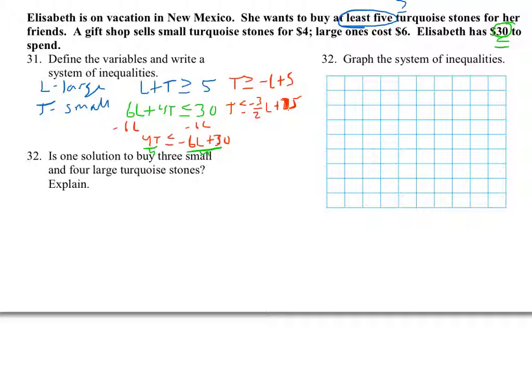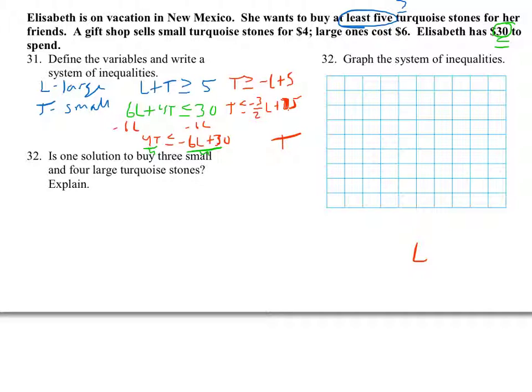Okay, so now we have to graph it. So we have to decide what our axes will be. So since I solved for t, like y equals mx plus b, it's going to be t equals. So I'm going to say this is t, and this will be L. So up and down is tiny turquoise, left and right is large turquoise. So let's decide our amount we can have.